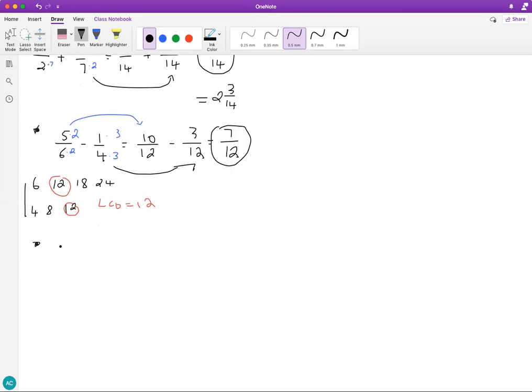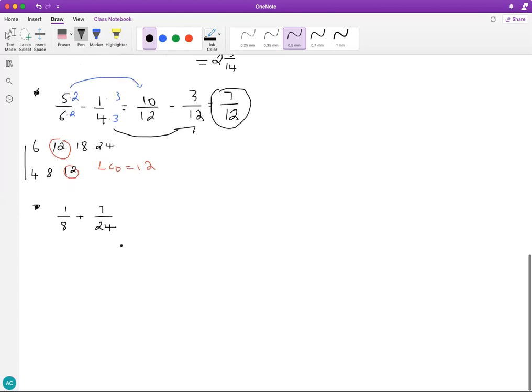So let's say 1 over 8 added to 1 over 24.